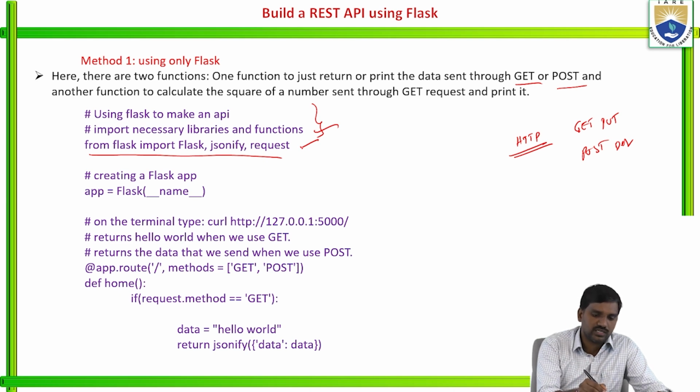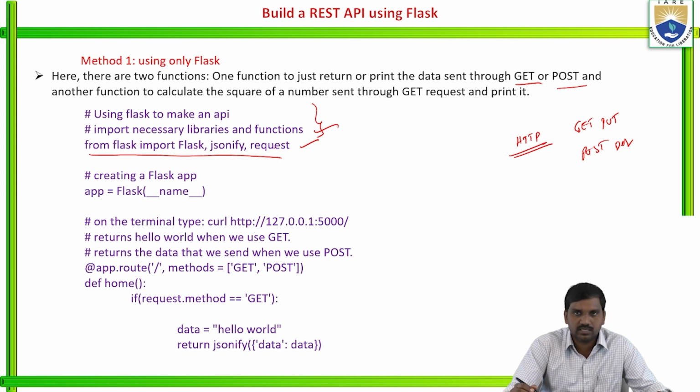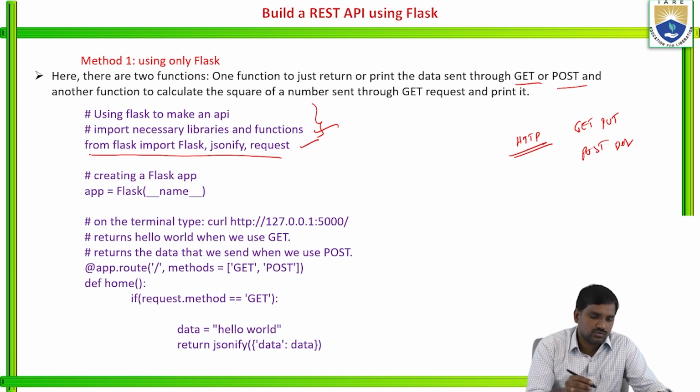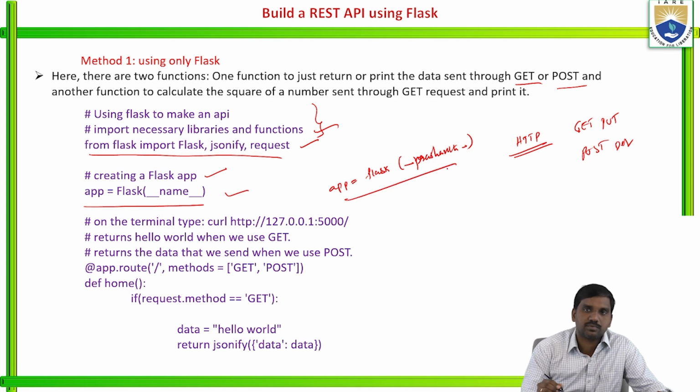For that, we write from flask import Flask, jsonify, request. Next, to create the app, you write app equals Flask, with whatever name you like. For example, I write Prashanth here.